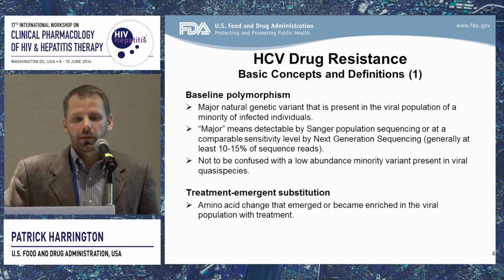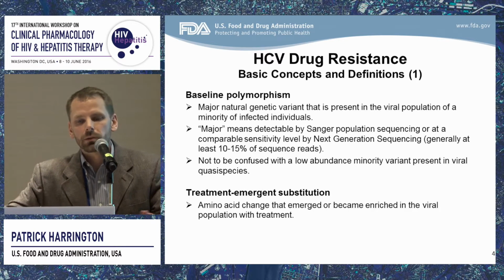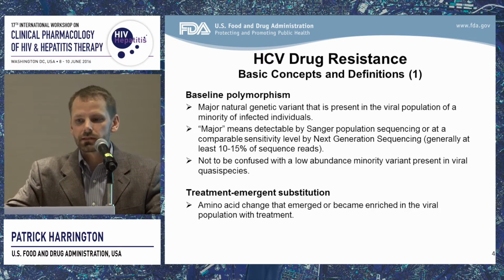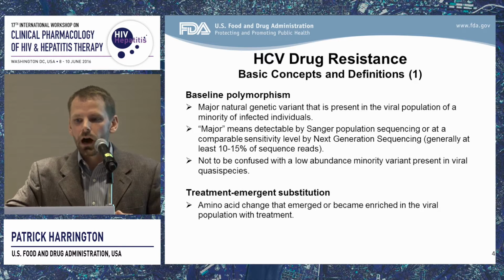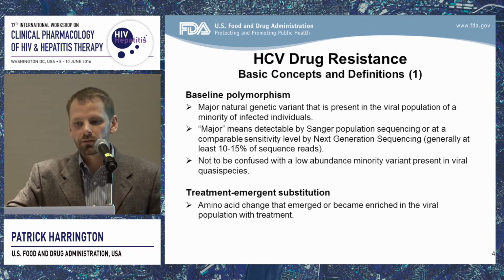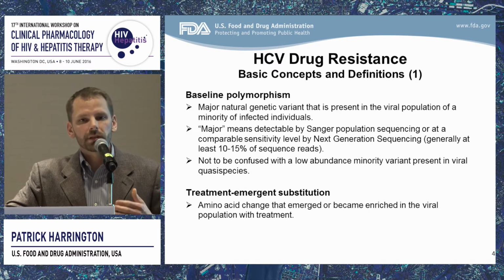So there's a lot of terminology that's thrown around when describing HCV drug resistance. So I thought I would just start off by reviewing some basic concepts and definitions that I'll use throughout my presentation. When I talk about a baseline polymorphism, what I'm referring to is a major natural genetic variant that's present in the viral population of a minority of infected individuals. And when I say major, I'm talking about the viral populations that are really prevalent in an infected individual.